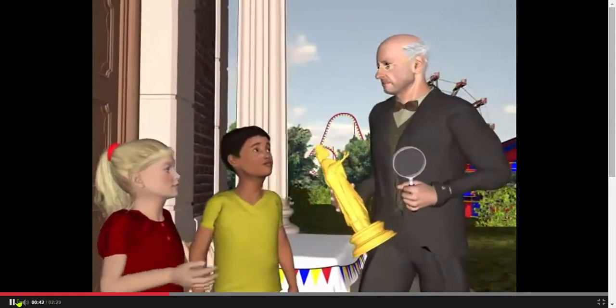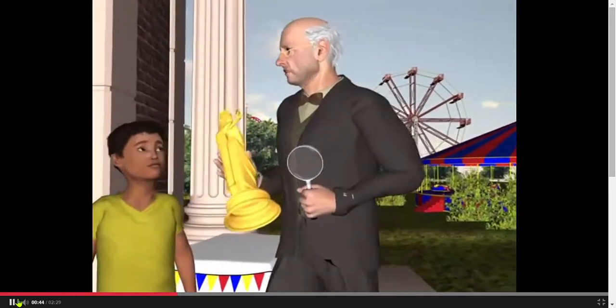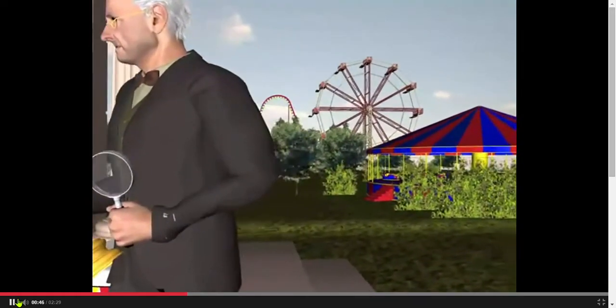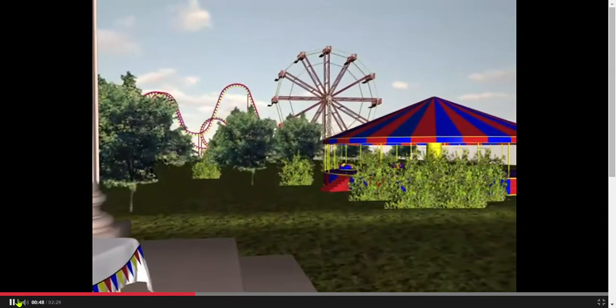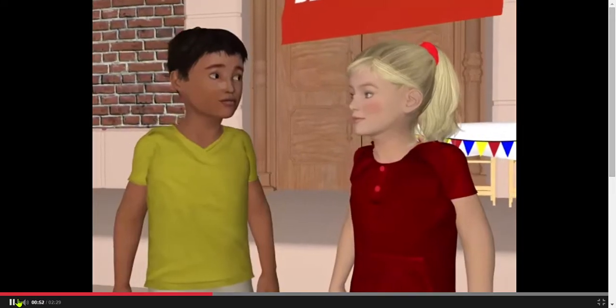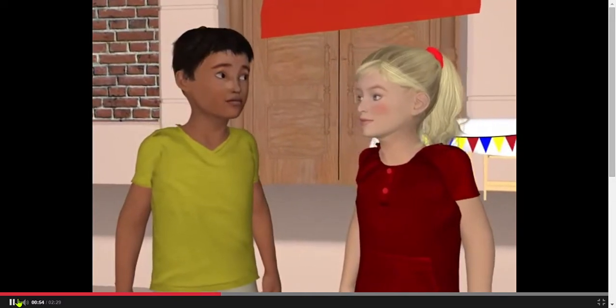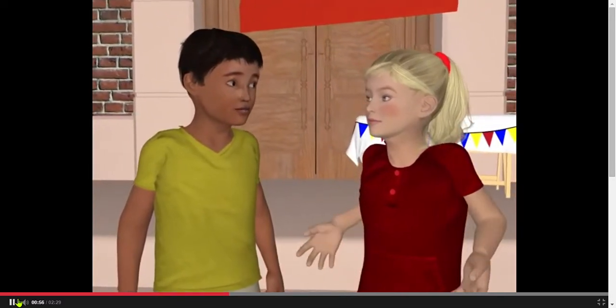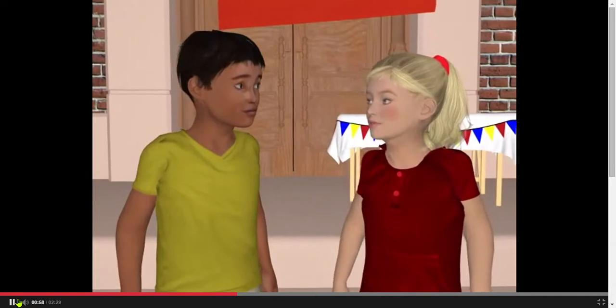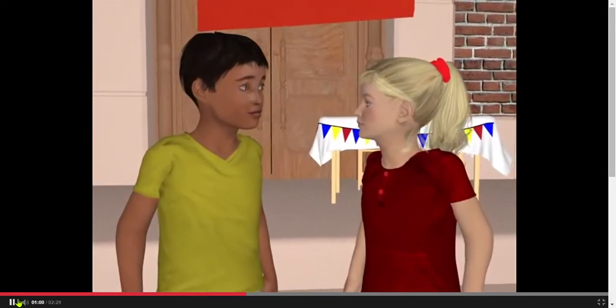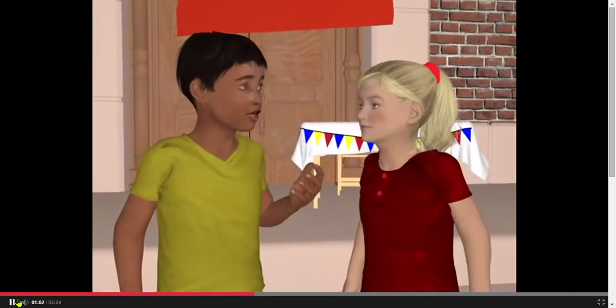What is it? That's it. Now I remember. Wait here a moment. Very strange. What does he remember? And where did he go? Into the museum? I think so. But what's that symbol?